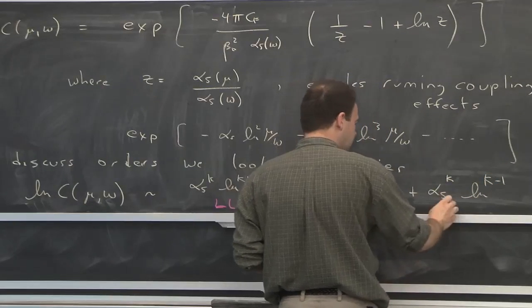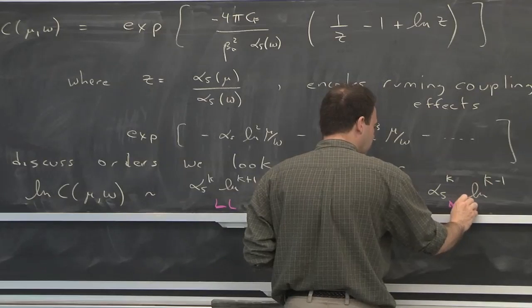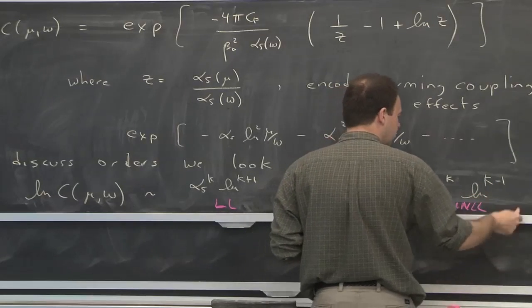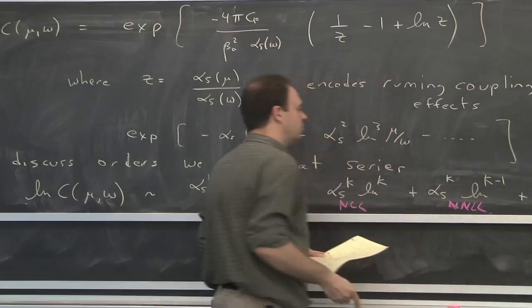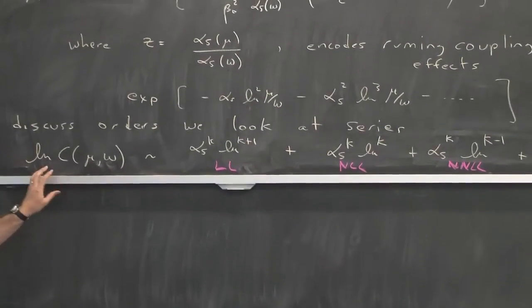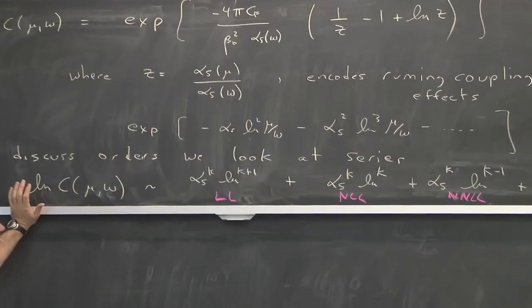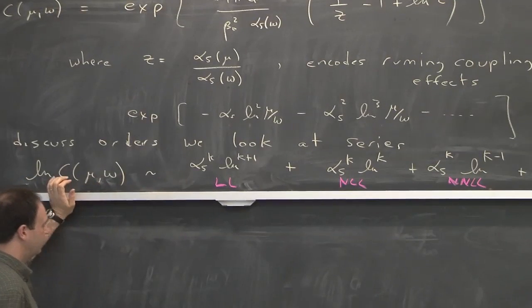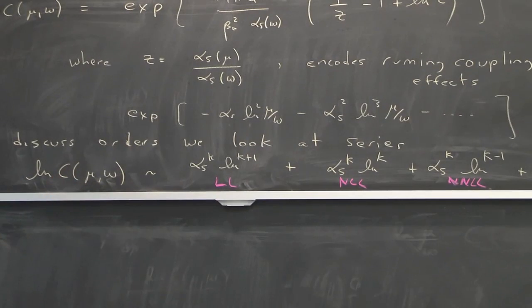And if we had more alphas than logs, then we call that next to next leading log. The structure of the anomalous dimension equation always guarantees that if you solve it for this log, this is what the higher order terms would give you.